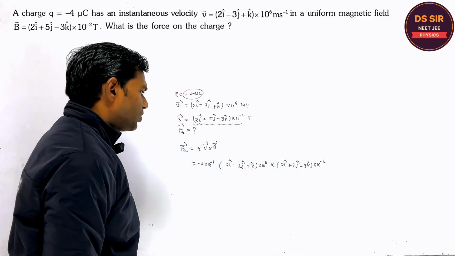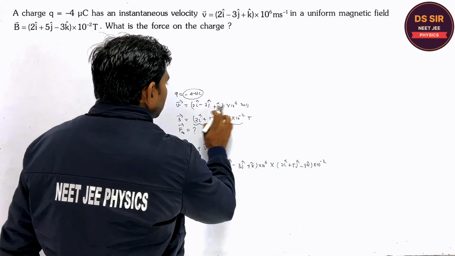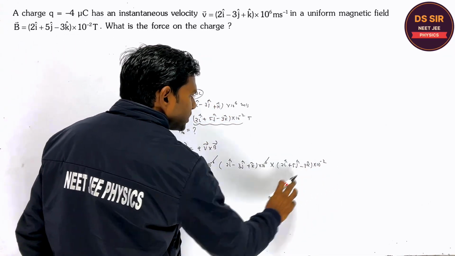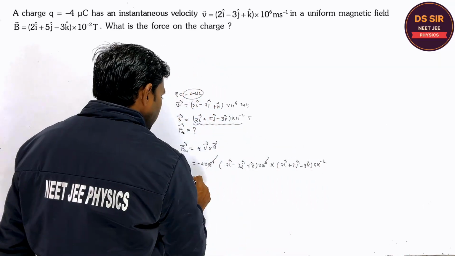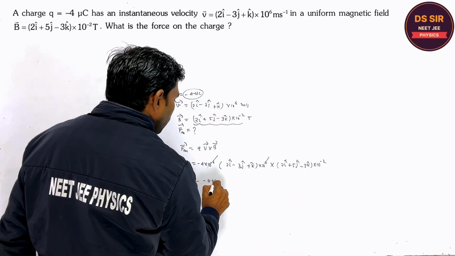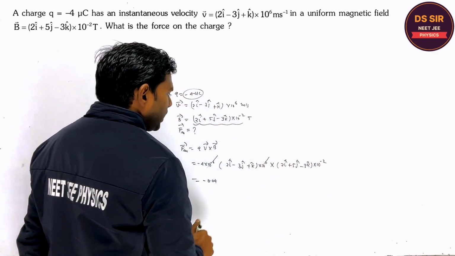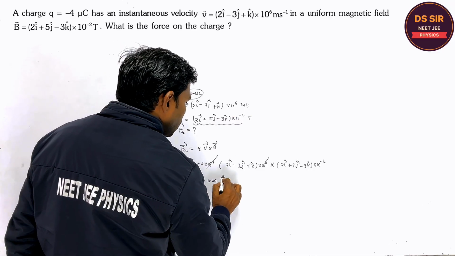Is it clear or not, you tell? So this minus 6 will cancel out. It is minus 0.04, into 10 cube. And this is the cross product.